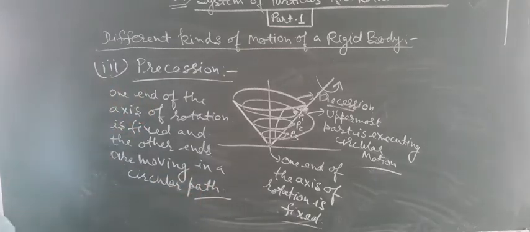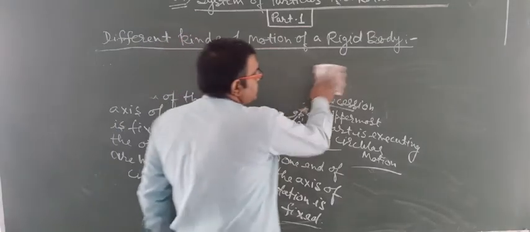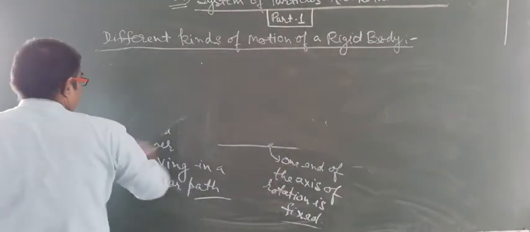Then such type of motion is called precession. Now the next type of motion is the combination of translational and rotational motion.